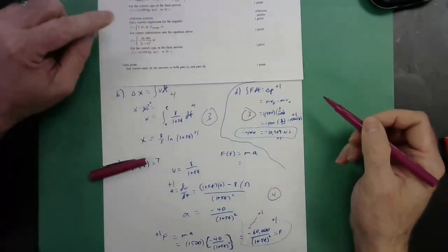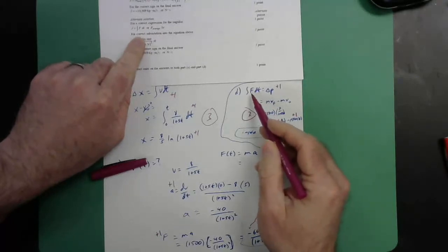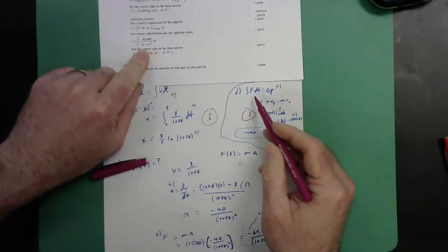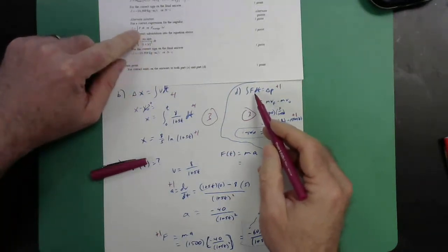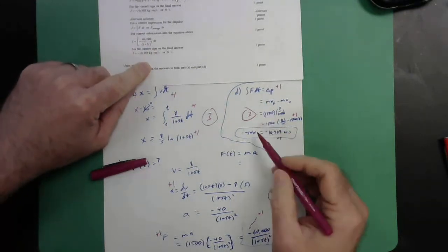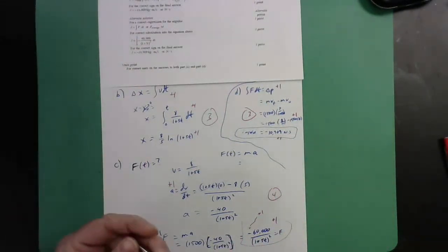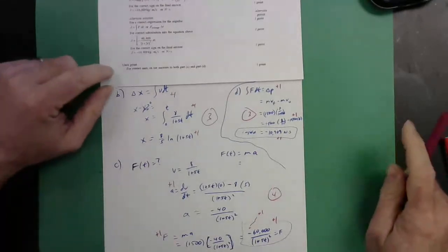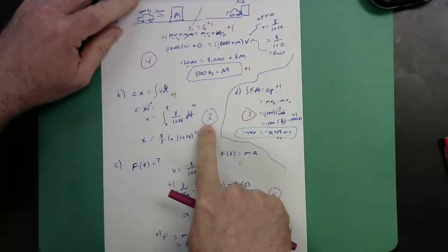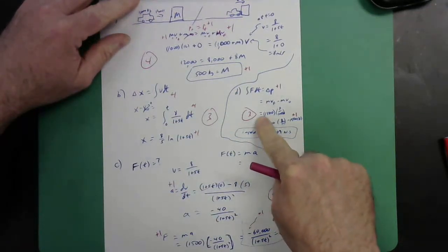Woohoo! Alternately, they said for a correct expression, the impulse, integral F dt for J, and then substituting into this the function you got for force, integrating it dt from time 0 to time 2, and then the correct answer. Yep, I like my way. And then if you look at this, 4 points plus 3 is 7, plus 4 is 11, plus 3 is 14.